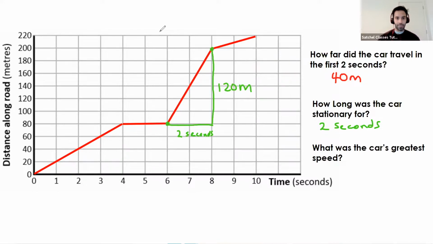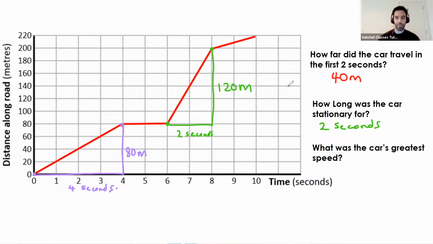Whereas over here, if I use a different color, from here to here in 4 seconds, only 80 meters was covered. So that means for every second, the car traveled only 20 meters. Whereas here, every 1 second, the car traveled 60 meters.